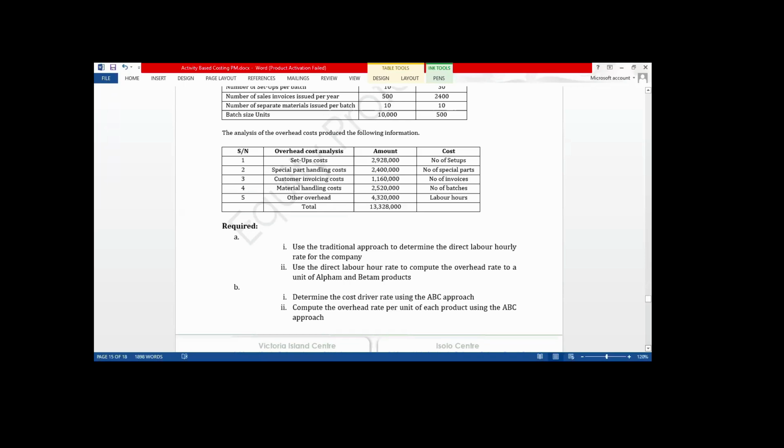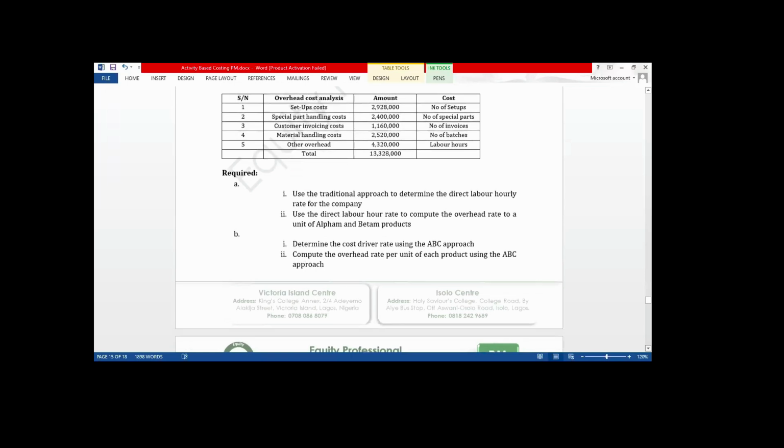A2. Use the direct labor hour rate to compute overhead rates per unit of AFAM and BTAM. B1. Determine the cost driver rate using activity-based costing approach. B2. Compute the overhead rate per unit of each product using ABC.